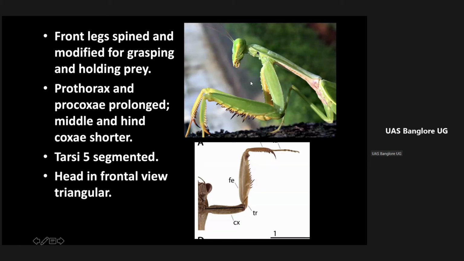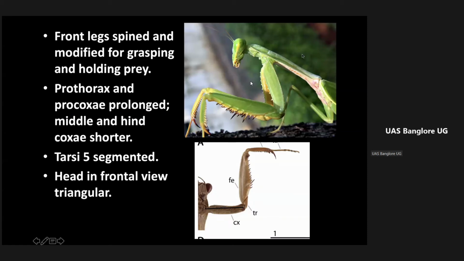You can see that the prothorax is very much enlarged, and also the procoxa. Pro means first. The procoxae are enlarged, whereas the middle and hind coxae are shorter. Here you can see the procoxa quite enlarged, and the trochanter and femur have a lot of spines.